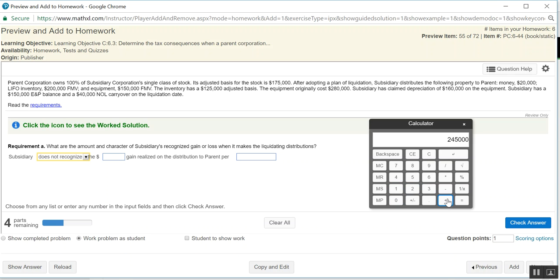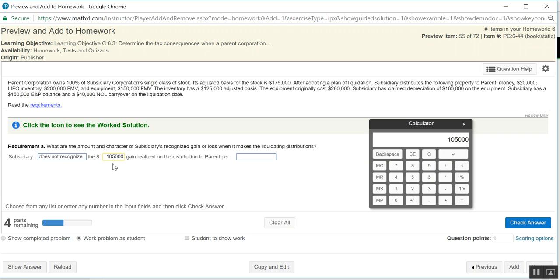So we have a $245,000 basis as compared to our amount realized of 350. So we actually have $105,000 gain.